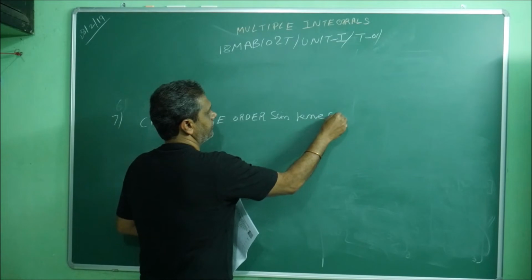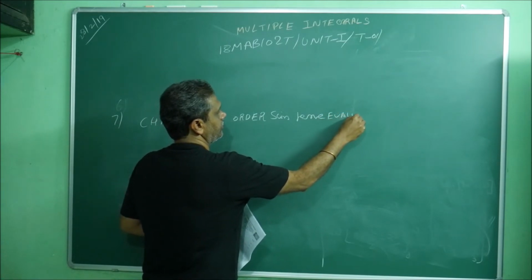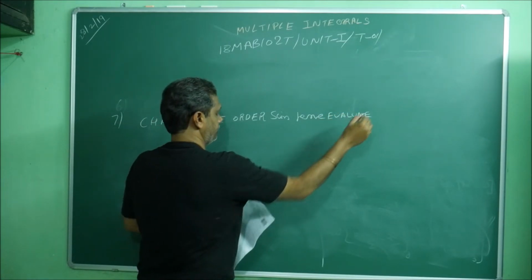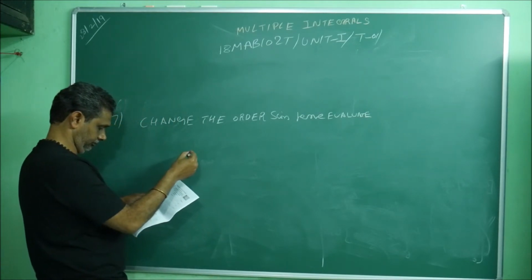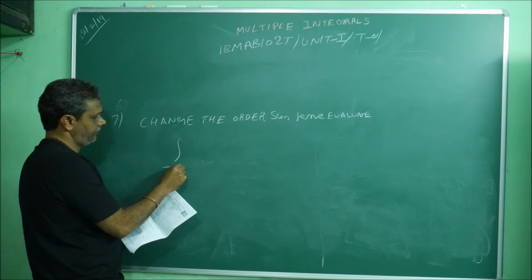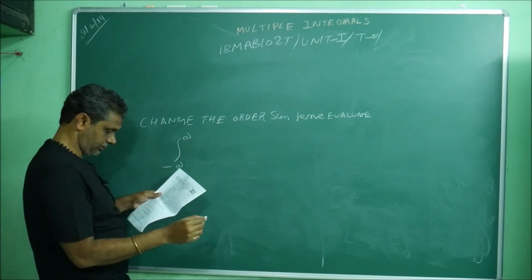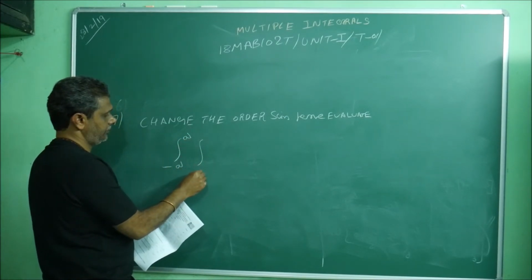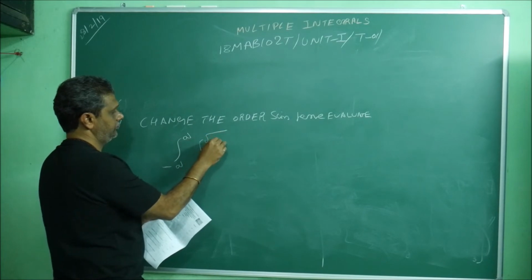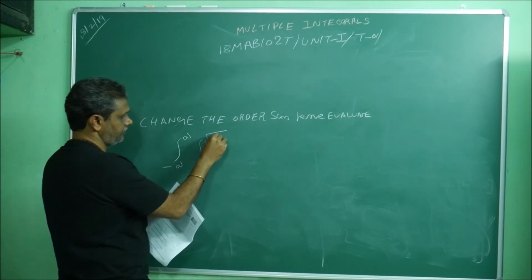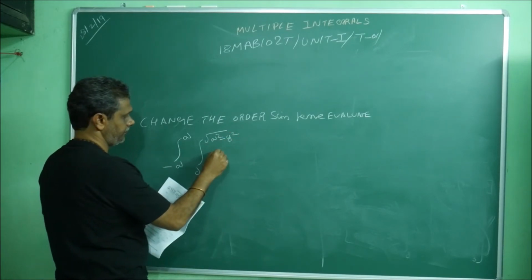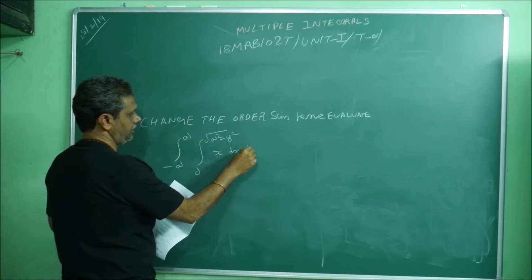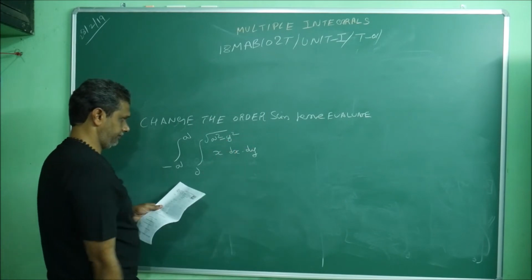Hence, integral from y equals minus a to a, x equals 0 to root of a square minus y square, x dx dy. Okay.